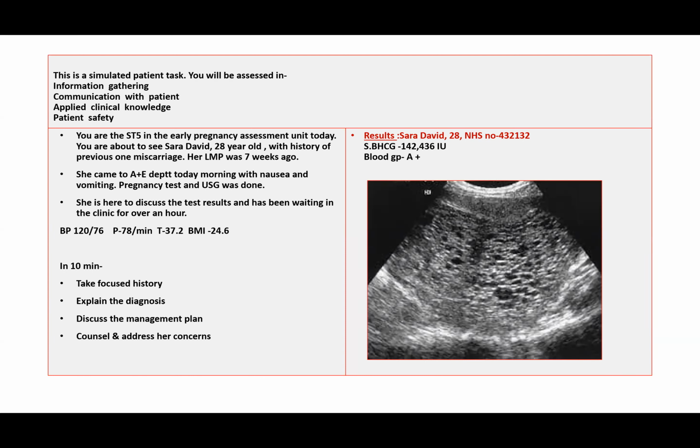I'm worried if this condition can come back again if I plan my next pregnancy. Yeah, there is a small risk of recurrence as well. But we will do the ultrasound beforehand, or we will do the pregnancy test after your delivery for the confirmation of the condition.